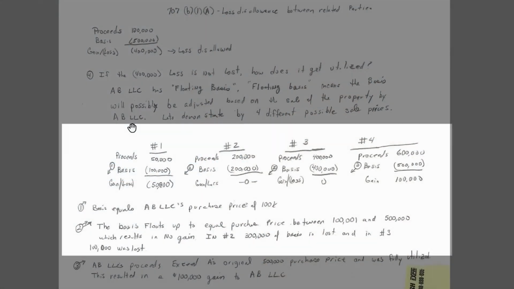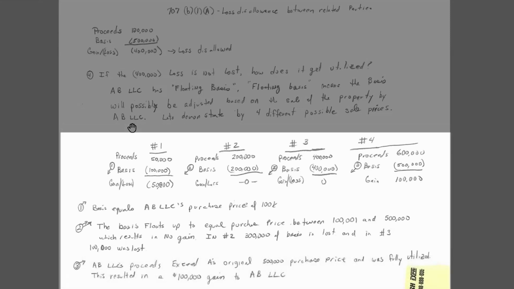Number 2, they received proceeds of $200,000, and we used $200,000 worth of basis for no gain or loss. Okay, so the basis floated up from 100,000 acquisition cost to $200,000, which equals the sales proceeds. Okay, what happens in 3?